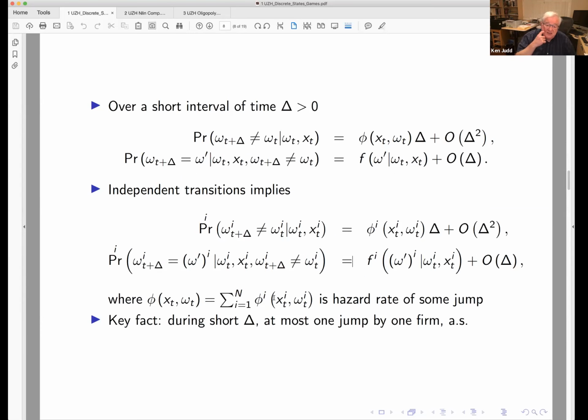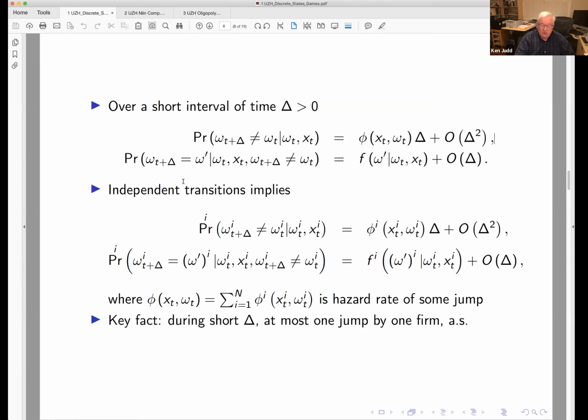Now, when you do this in continuous time, you see that over a short period of time delta, the probability that the state at t plus delta has changed is, that's what the hazard rate means, proportional to phi times delta. It's not exactly true, but the error is on the order of delta squared.